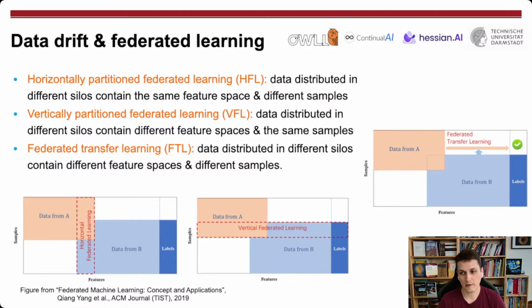And so if you think of both horizontally and vertically partitioned federated learning, where in one scenario the same features are contained but different samples, and in the other scenario different feature spaces are contained on the same sample, it's not that far-fetched to also think of a kind of transfer scenario, which is really then that both are different.